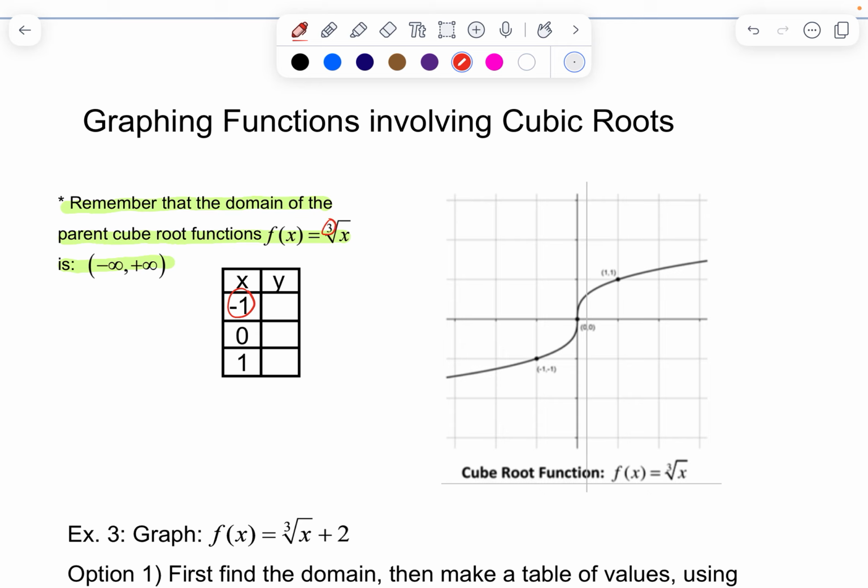So you can have a radicand that's positive or negative. The cube root of negative 1 is negative 1. The cube root of 0 is 0. And the cube root of 1 is 1. And the cube root has this weird kind of S shape. It's not really an S, but it's kind of like an S shape function.